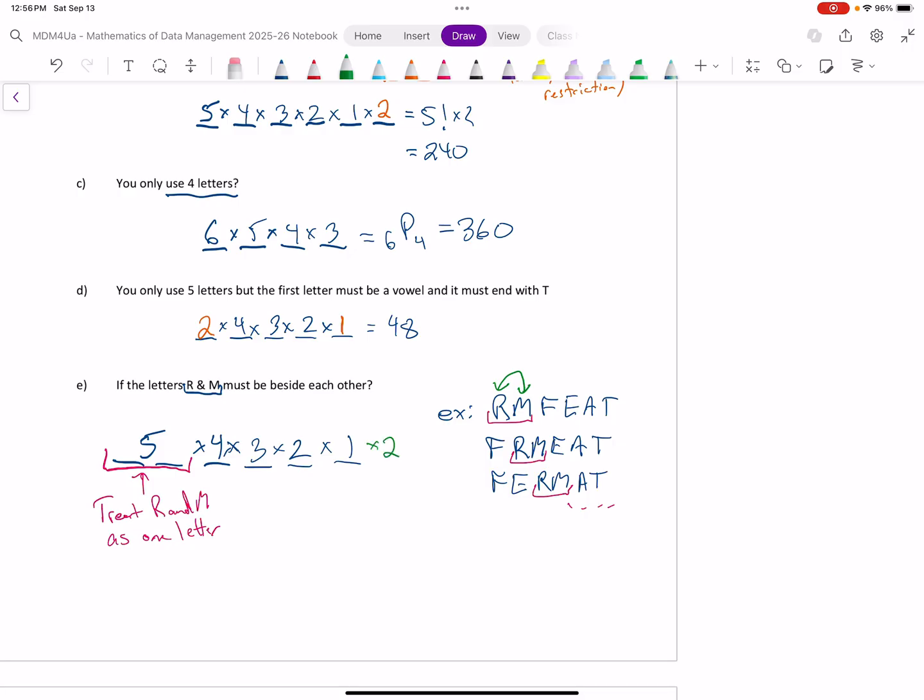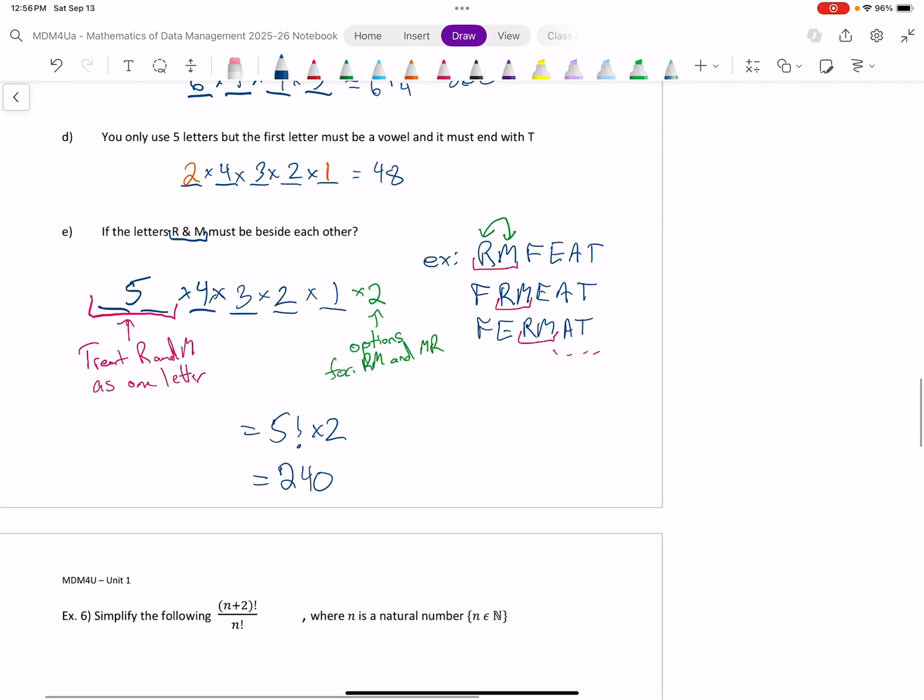So I'm going to do a times 2 at the end. And this is the options for RM and the vice versa, MR, like that. So you end up with 5 factorial times 2, which we've seen this number before, becomes 240.